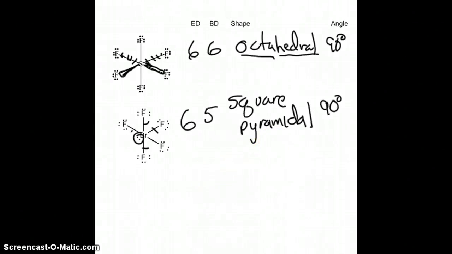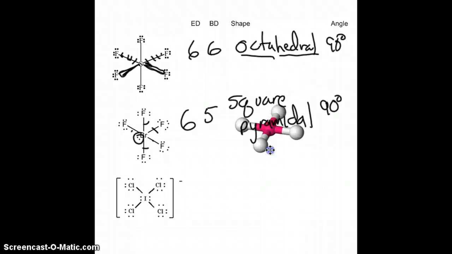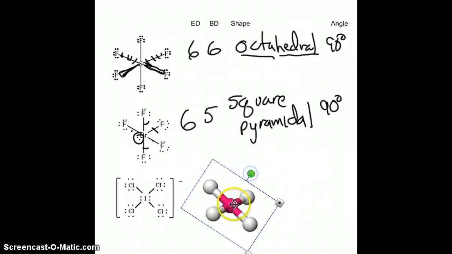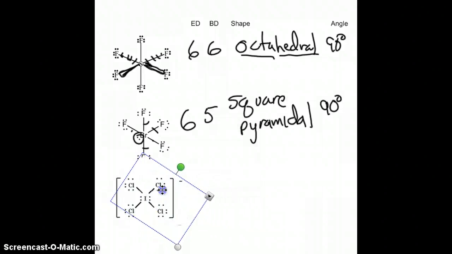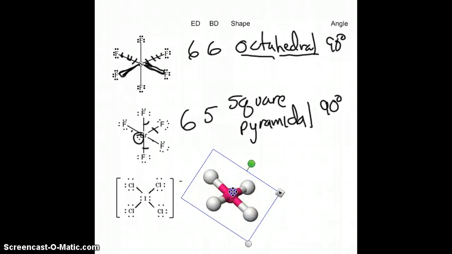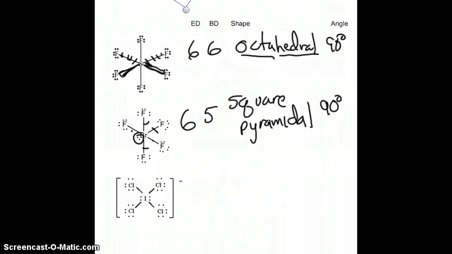Okay, what if we have something like this guy? This is the ICl4 minus ion. It may look familiar to you. This ion now looks like this. We've gotten rid of both axial atoms, and look, I could overlay them, rotate this, and hey, that is just a square plane.